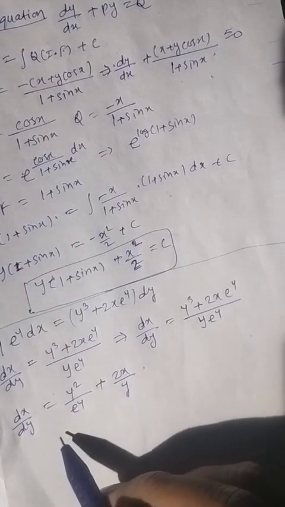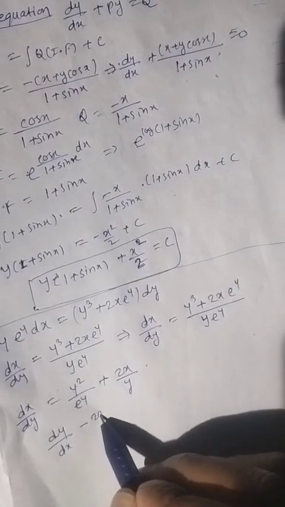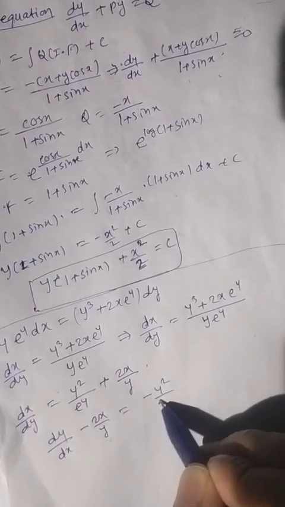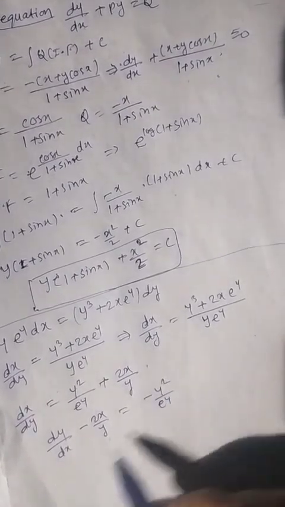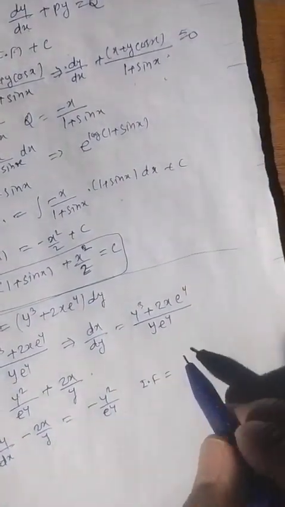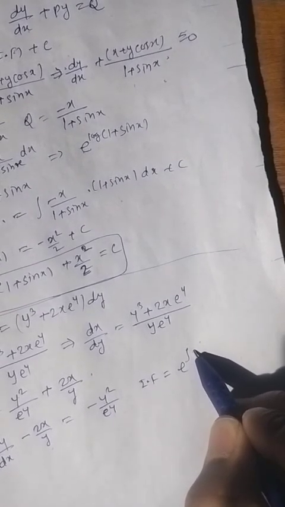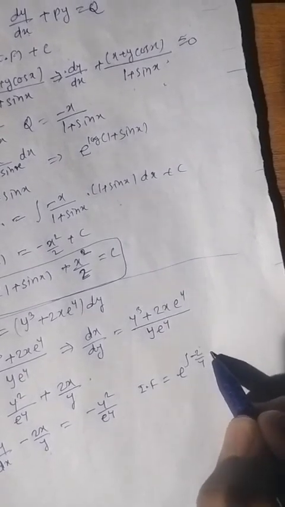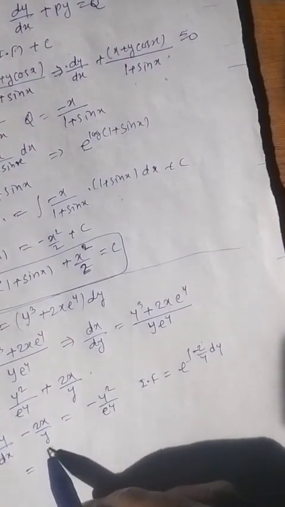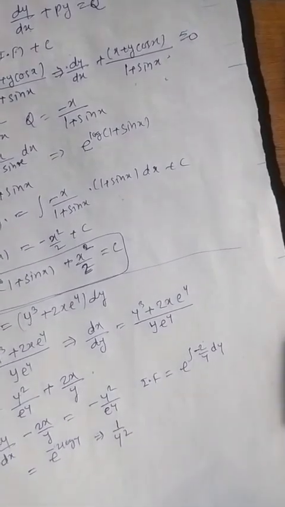Hence dx by dy minus 2x upon y equal to y square upon e raised to y. So integrating factor in this equation is e raised to integral of minus 2 by y dy. So it is equal to e raised to minus 2 log y, which is equal to 1 by y square.